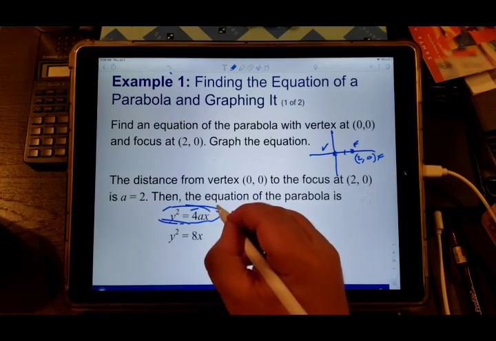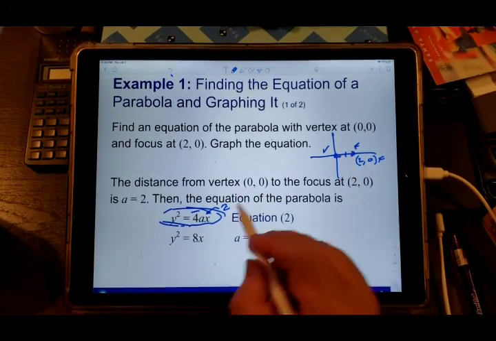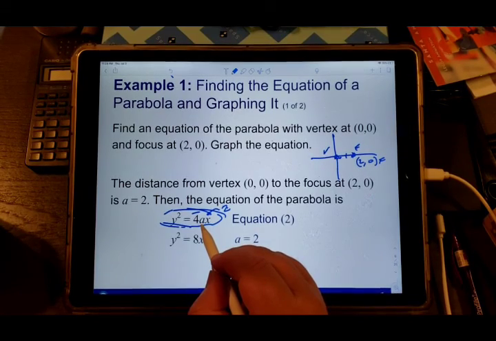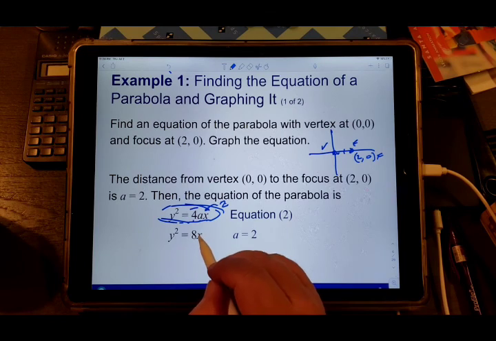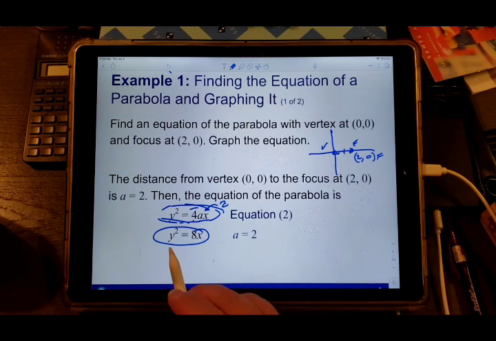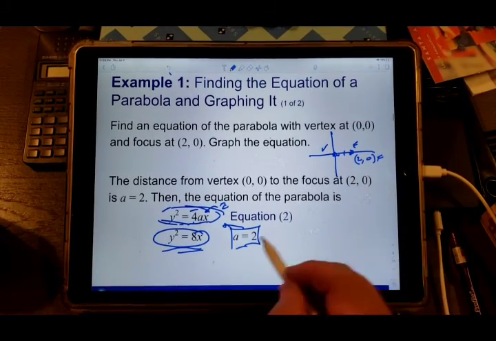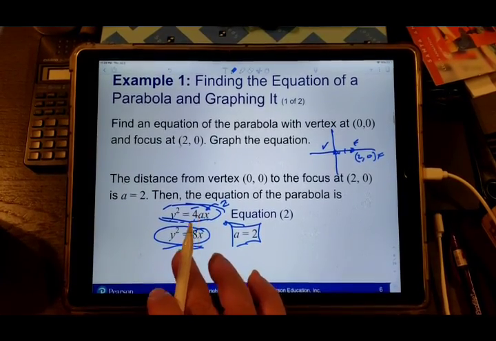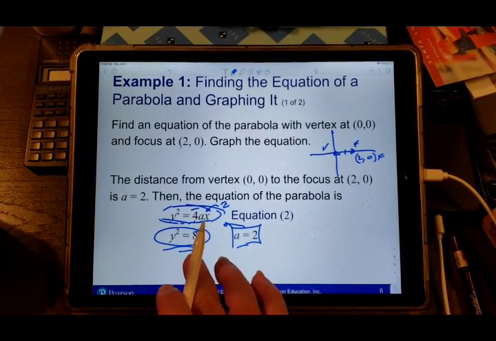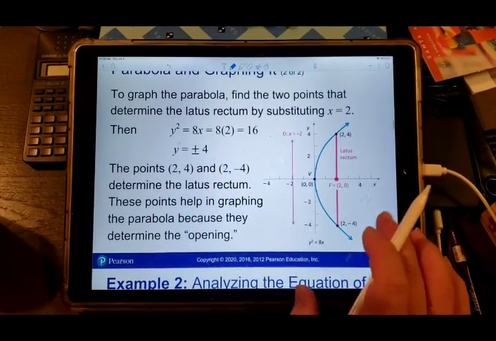We just want to drop a 2, the distance between these 2 points, in here for A. And so it's 4 times 2 times x, which of course is this equation. So this is the answer once you substitute that A is equal to 2. And so they ask for the equation, and that's the equation. Of course, at some point, they're going to want to graph it.